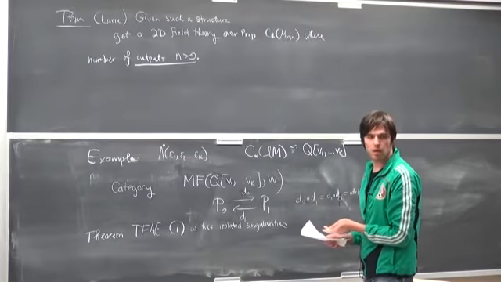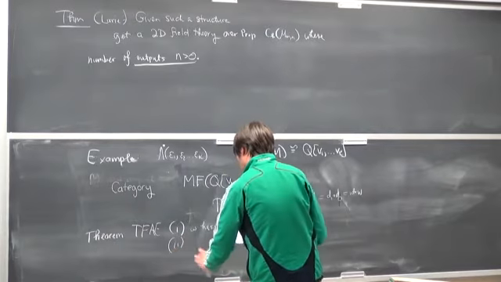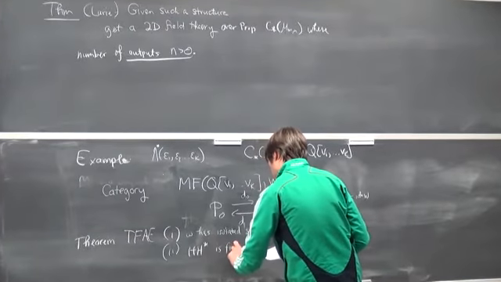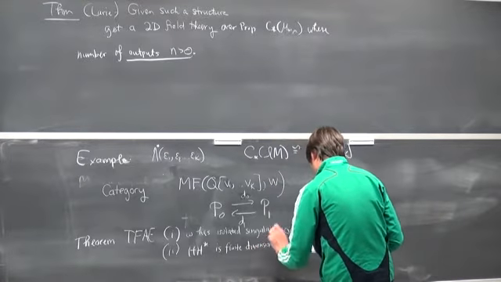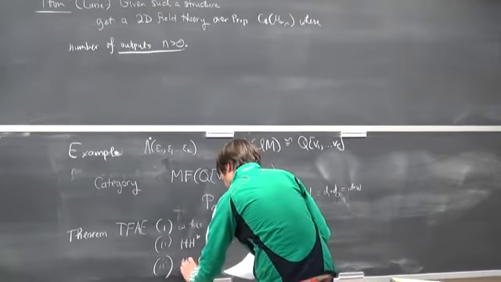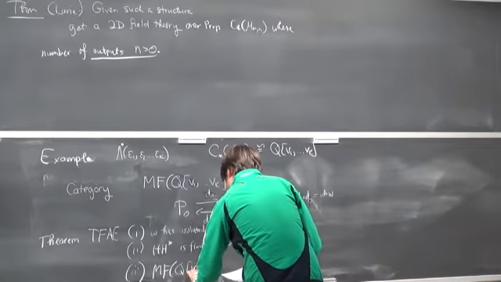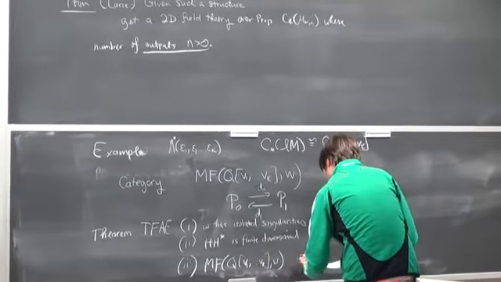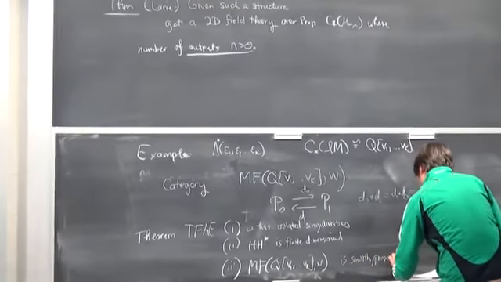Two, the Hochschild cohomology is finite dimensional. And three, MF of Q, V1 through VK, comma W is smooth, proper, and Calabi-Yau.